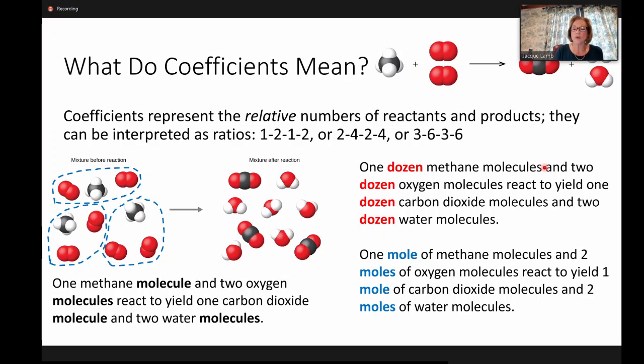So we can scale it up to 1 mole of methane molecules reacts with 2 moles of oxygen to yield 1 mole of carbon dioxide and 2 moles of water. So the coefficients are just the relative ratio. I will say that while we can look at the ratios as 1 to 2 to 1 to 2, or 2 to 4 to 2 to 4, etc., we generally in the balanced equation use the lowest whole number ratio.